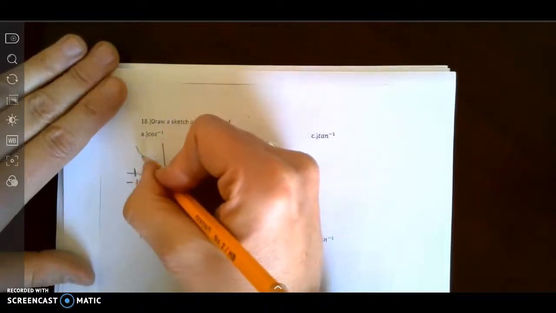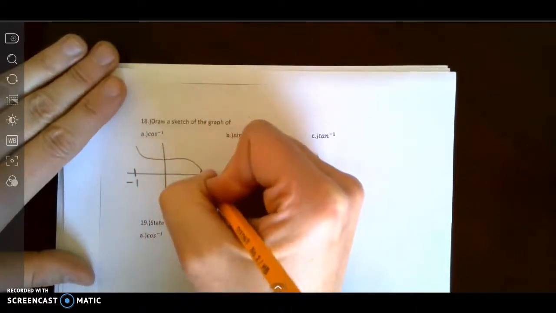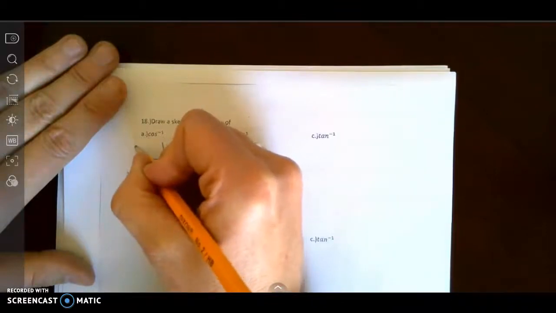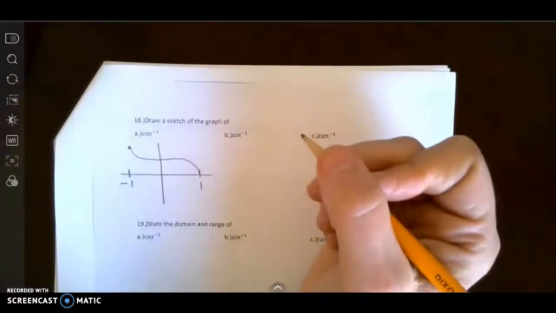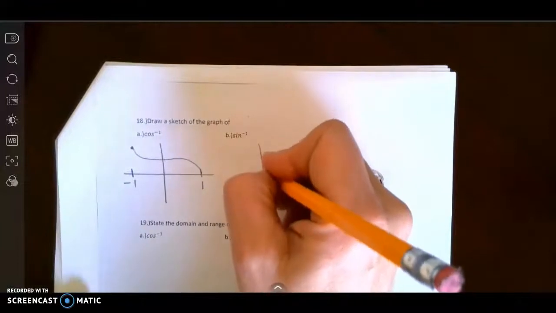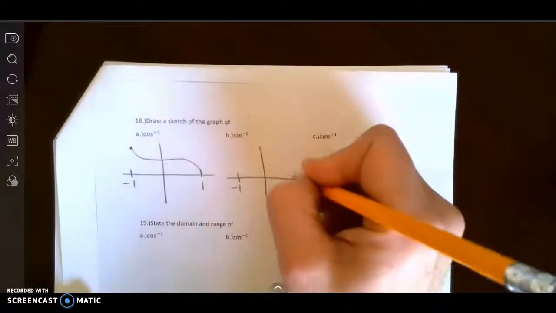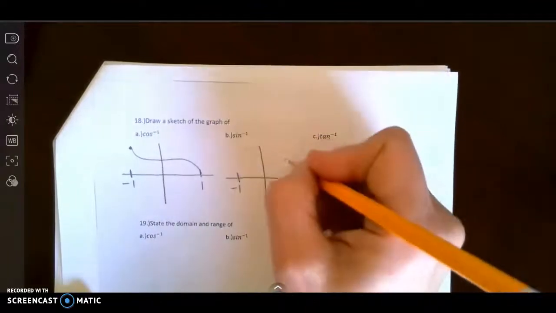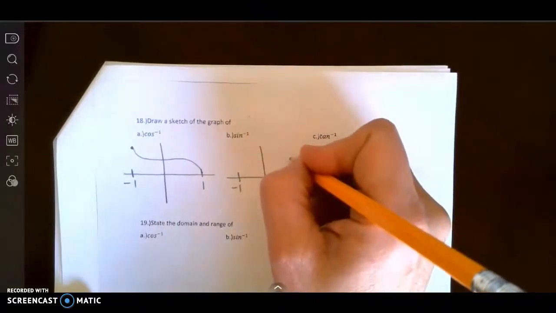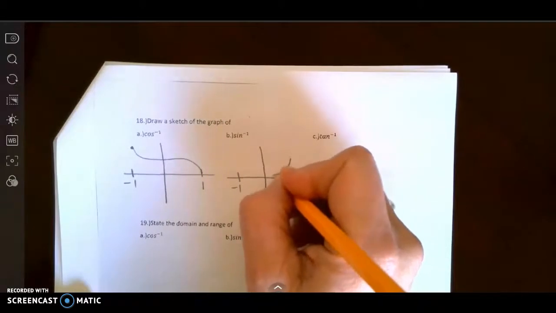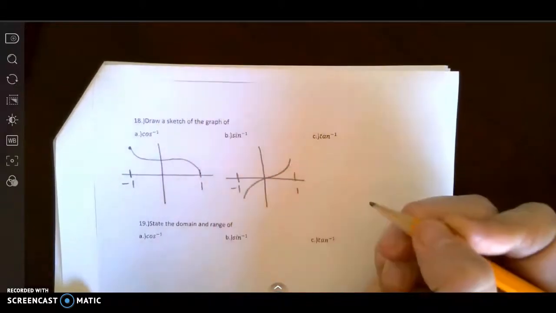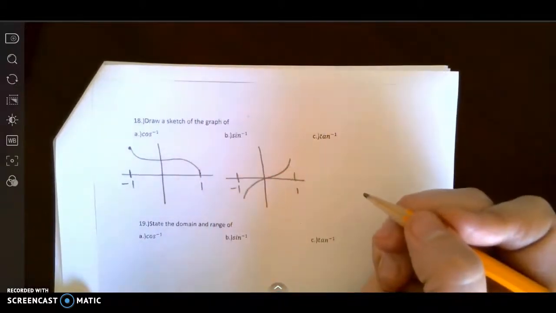It's that curve that kind of looks like that, from there to there. Inverse sine, again, -1 to 1. And my curve, there we go, like that. It's just a sketch is all I'm looking for.